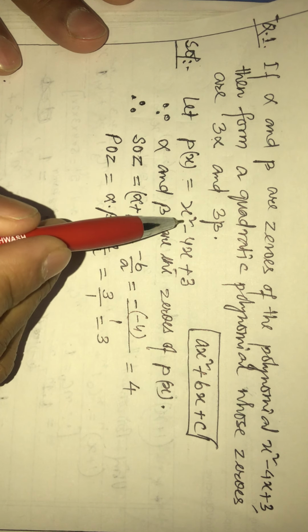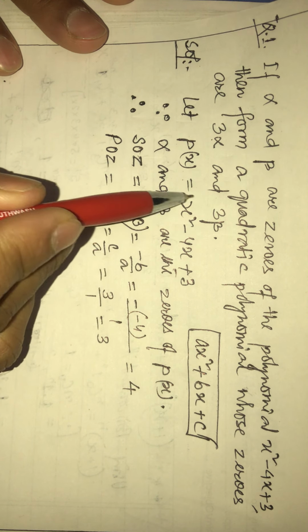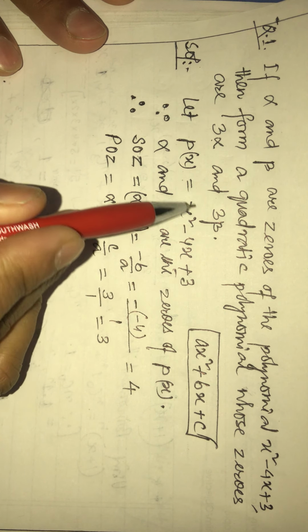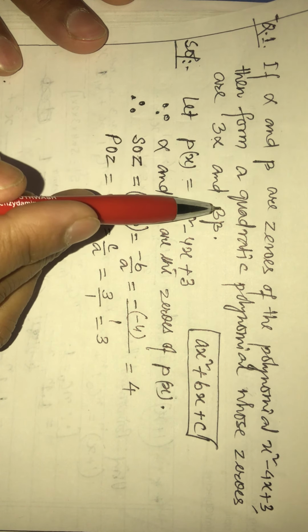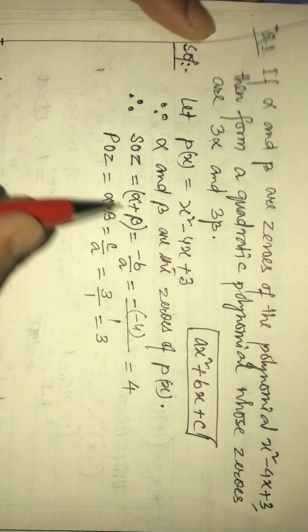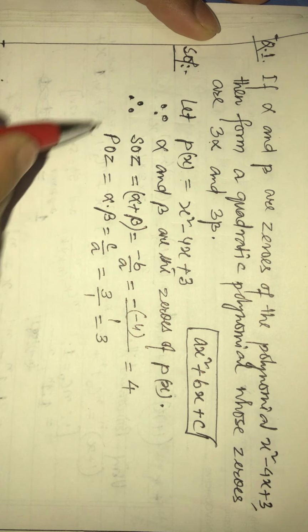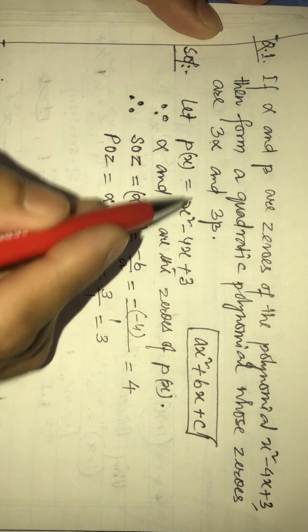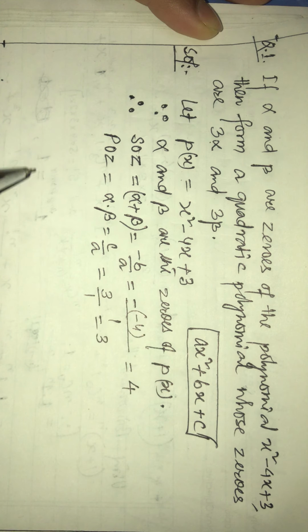The other way is you can factorize this polynomial and get the zeros, and whatever zeros you get, we can keep here. So that is another way. I will not go for that method, as this will be more convenient. So now once we get alpha plus beta and alpha into beta, we can go for the required polynomial.